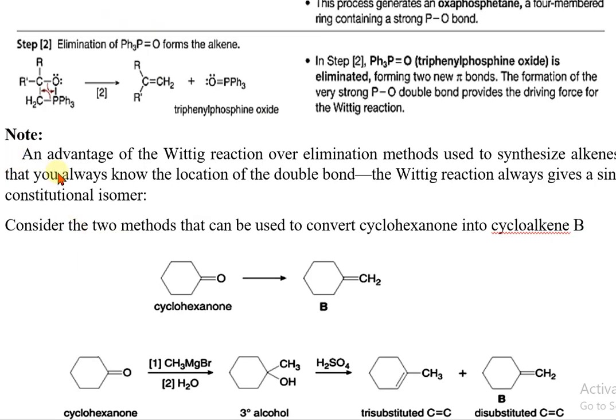An advantage of the Wittig reaction over elimination methods used to synthesize alkenes is that you always know the location of the double bond. The Wittig reaction always gives a single constitutional isomer, so there are no multiple products and no major or minor product, just one product.